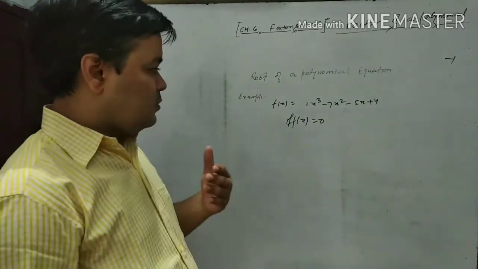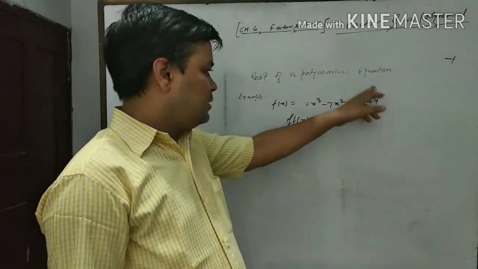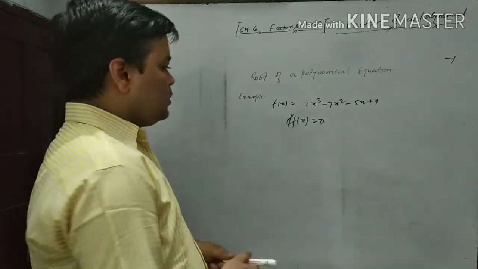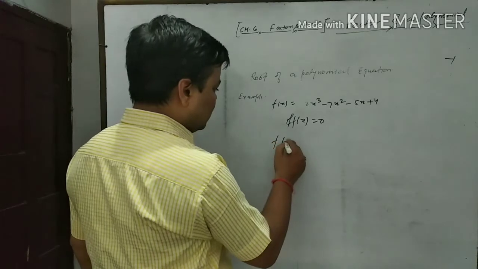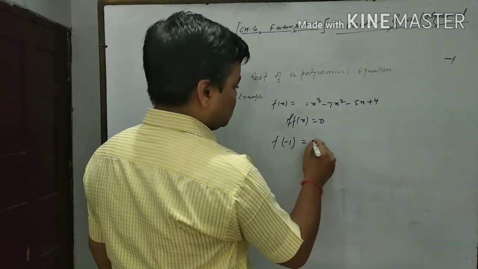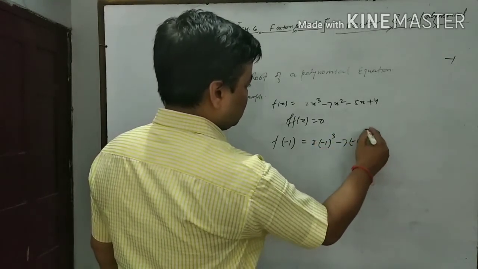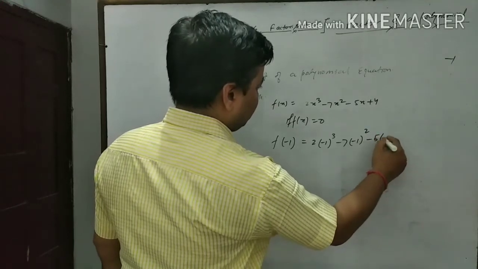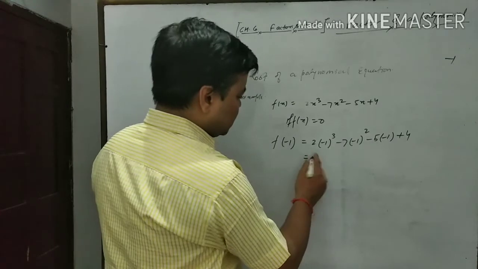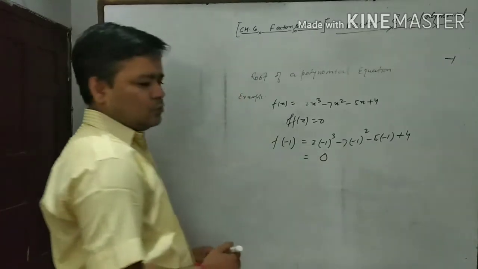So we try to find f of minus 1. We have 2 times minus 1 cube, minus 7 times minus 1 square, minus 5 times minus 1, and plus 4. After calculation, we find that f of minus 1 is equal to 0.